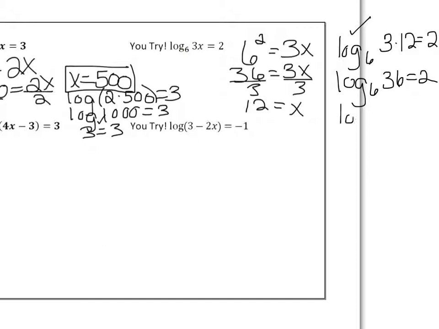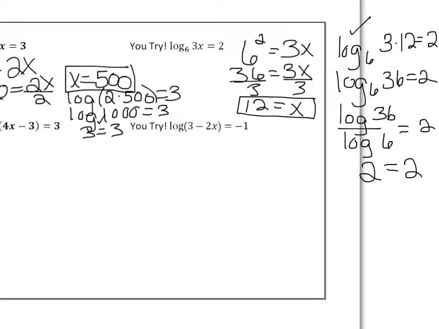So log 36 divided by log of the base, which is 6. And I want to know if that's 2. So 36 log divided by 6 log, or log 36 divided by log of 6, depending on how you type it into your calculator, and you should get 2 equals 2. So again, we do have an answer.